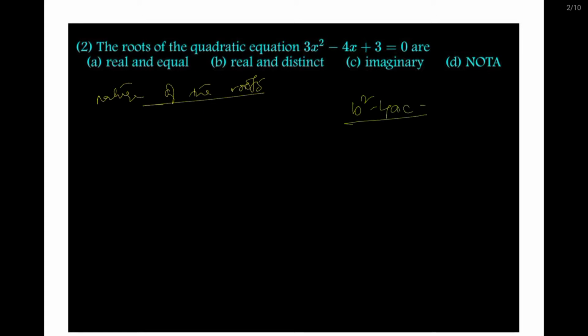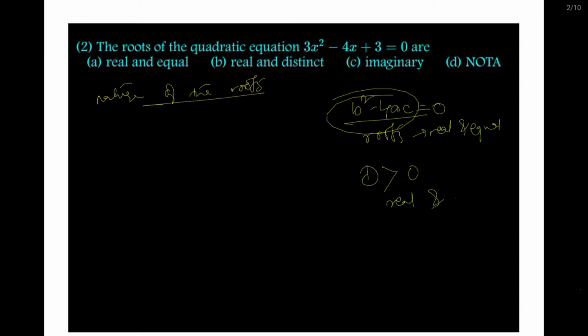this quantity, that we call the discriminant, because it discriminates the roots, is equal to 0, then we say roots are real and equal. And if we find it as, let's take it only d is greater than 0, then we say roots are real but distinct, or we say unequal.